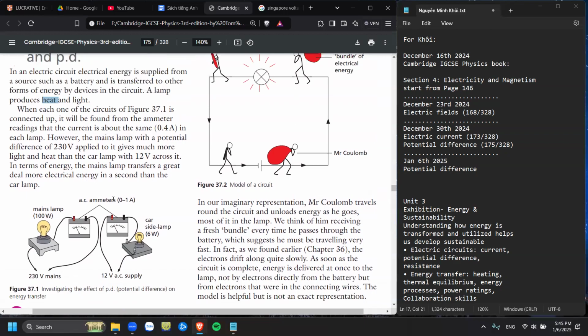Now, when each of the circuits in this figure 37.1 is connected up, here they connect this 220-volt lamp. This is a 100-watt lamp, a really bright one.